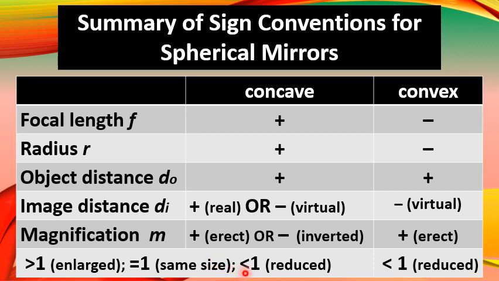And when small letter m is less than 1, we say that the image is smaller than the object, or it is reduced. Now, for convex mirror, the absolute value of the lateral magnification is always less than 1, where we say that the image is smaller than the object, or it is a reduced image.